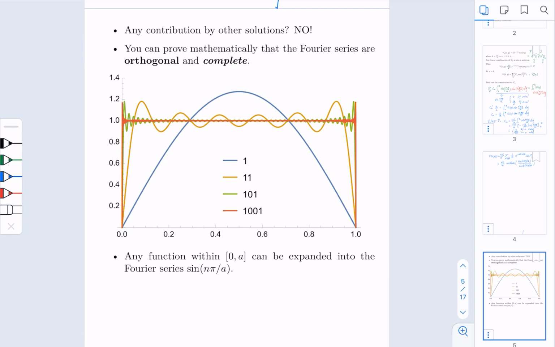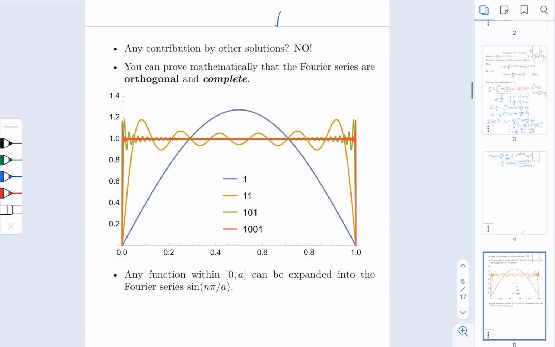You can prove that the Fourier series functions are orthogonal to each other, and they form a complete basis. What I mean is that the sine n pi over a functions, if you count n from 1, 2, 3 to all the integers, form a basis, and any function can be expanded in this basis.